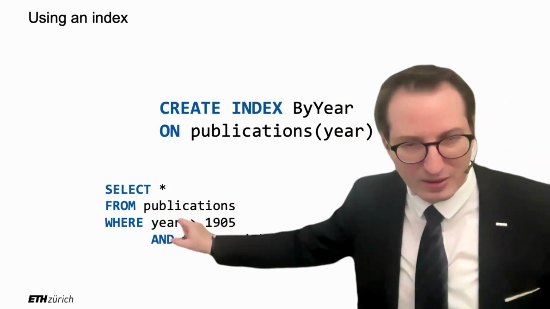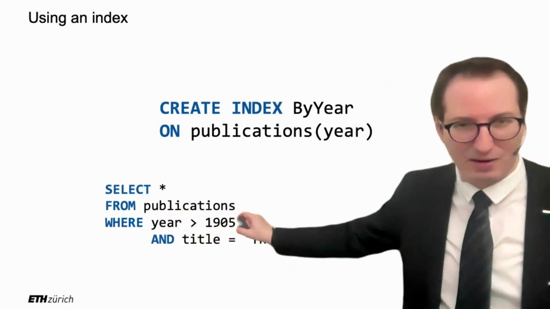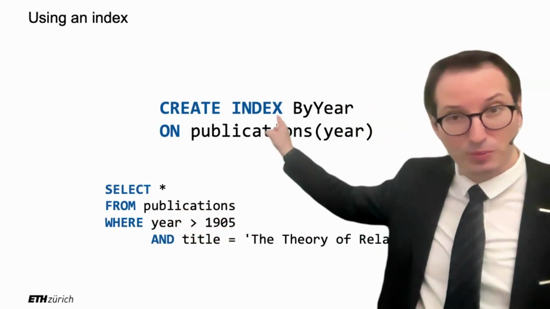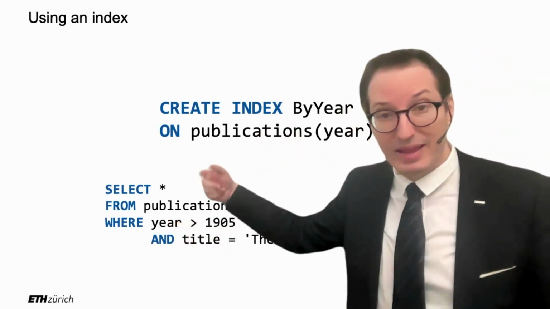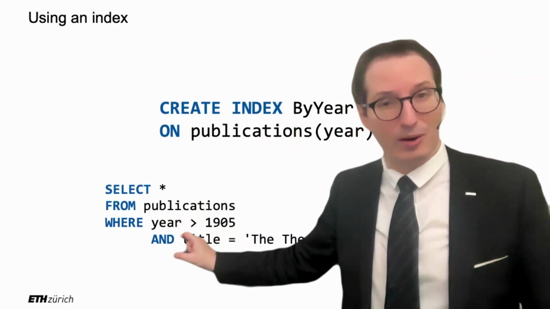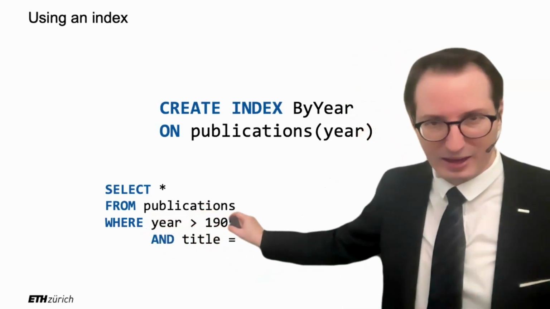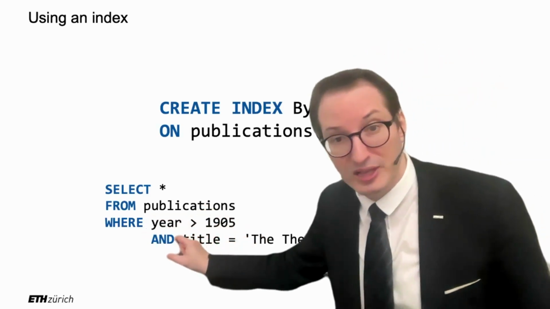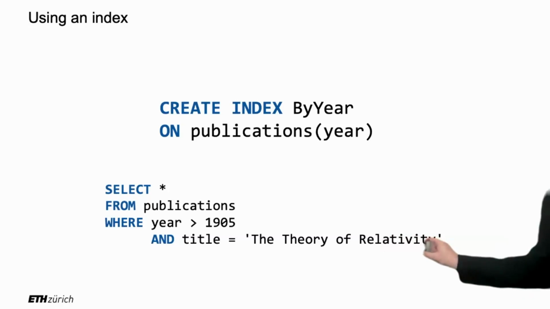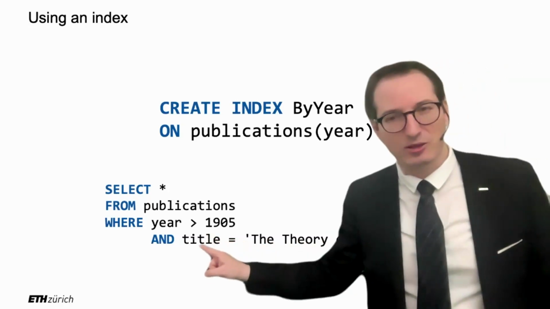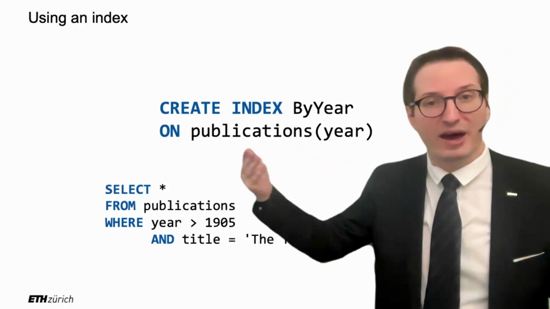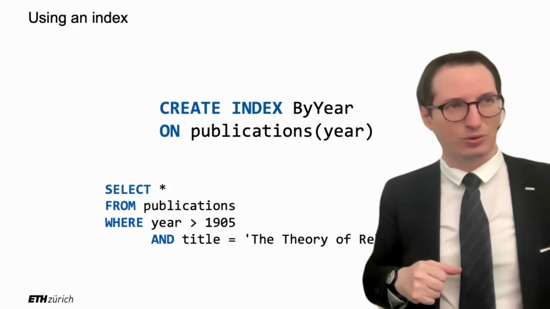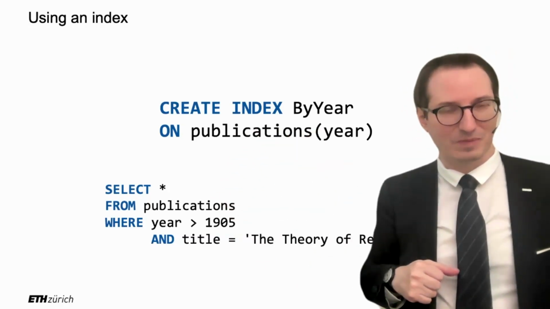That will basically give me all the publications that are after 1905. It's a tree index, so it can do that. And then I need to do a bit of extra work. I need to look at all of those that I got from this, and I need to additionally apply that filter. So it means that that query might not be super fast, but it's a bit faster than it would have been without the index. Who understands that? Right? Very good.